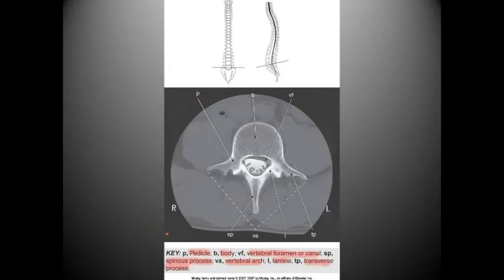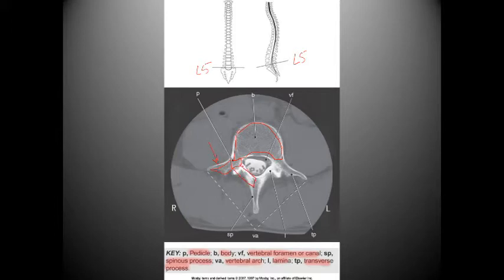So here is what this actually looks like on CT. Notice that we are at L5, and at L5 we have the vertebral body, which is the structure here. Then we have the pedicle, and the transverse process.